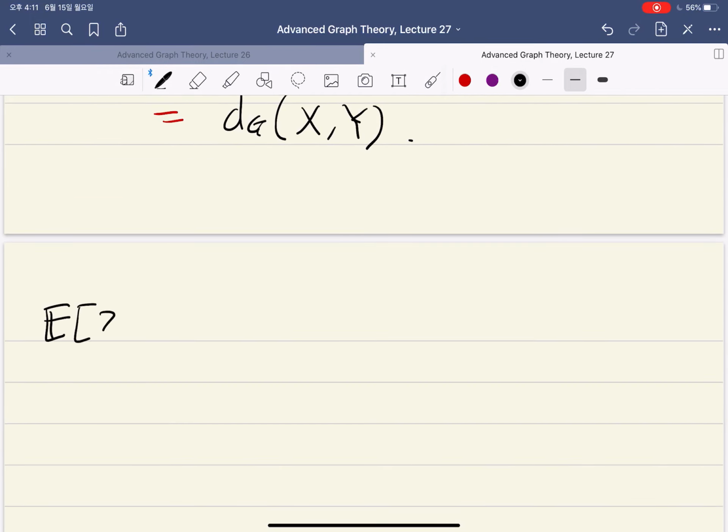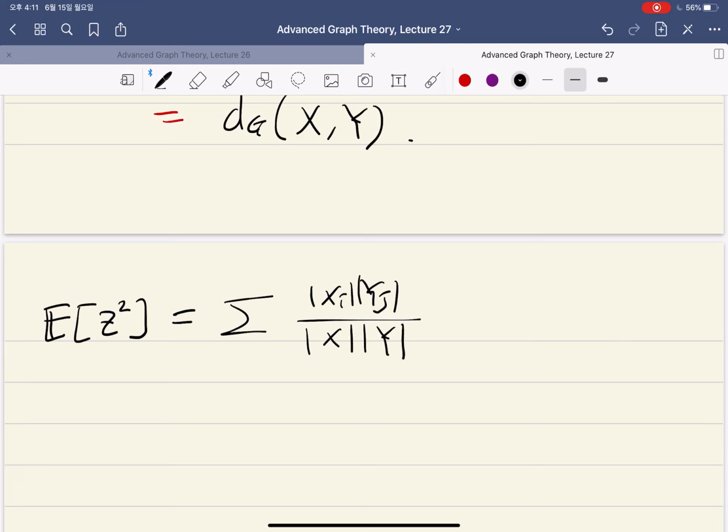And now you compute the expectation of G squared. The probability that vertex x is inside of Xi and vertex y is inside Yj is this. Then you take the Xi, Yj density squared.